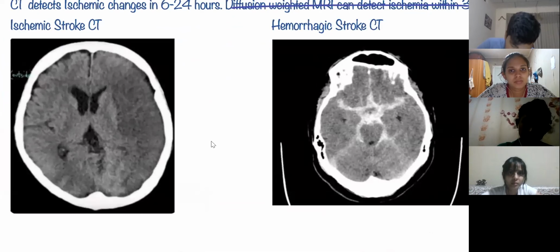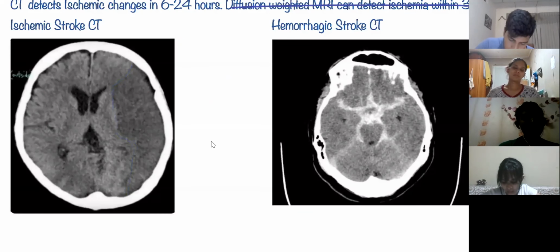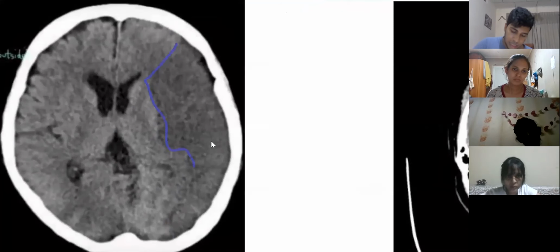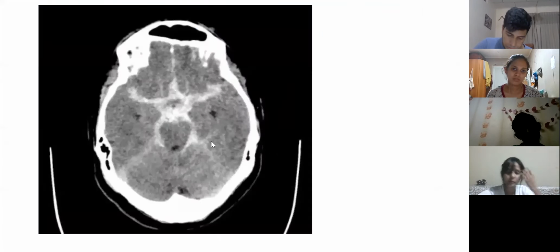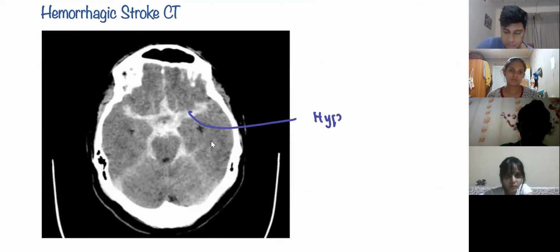In an ischemic stroke, the way you read a CT scan is that those areas are darker than the other tissues. You can immediately see a dark area like this. That is an ischemic stroke. Hemorrhagic stroke, here is one example. You see white color, hyperdense.